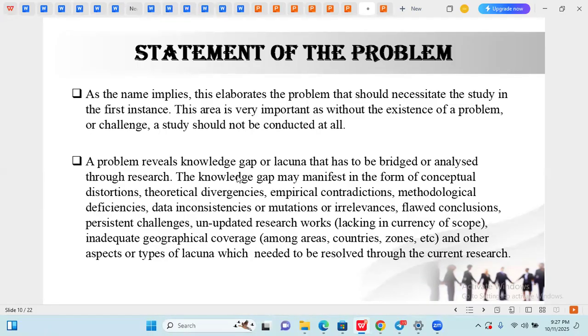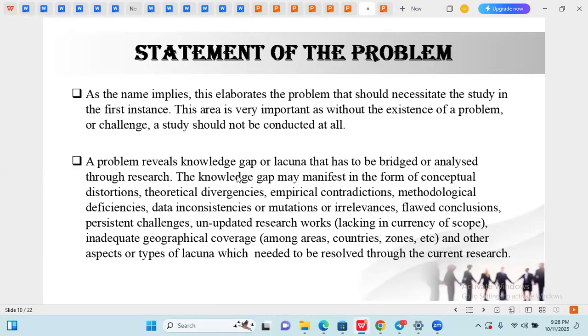So now, statement of the problem. As the name implies, this elaborates the problem that necessitates the study in the first instance. Now, I told us, you should not embark on a research if you don't have a problem. This area is very important, as without the extent of your problem or challenge, a study should not be conducted at all. So have a problem in mind. A problem, knowledge gap, or lacuna that has to be bridged or analyzed through research.